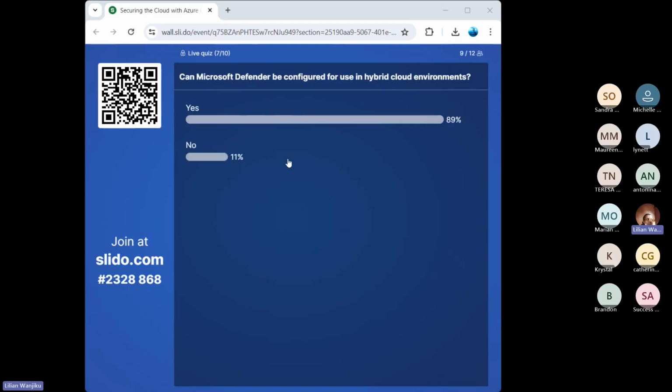Most of us selected yes, and 11% selected no. The correct answer is yes, because Microsoft Defender can be configured to assist us in the on-premises environments we have, even the hybrid cloud environment. Microsoft Defender can also be used in AWS and GCP. So that is the correct answer.